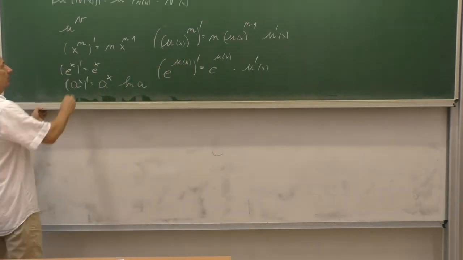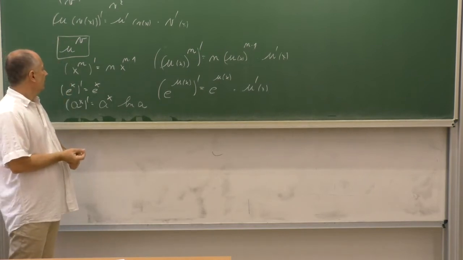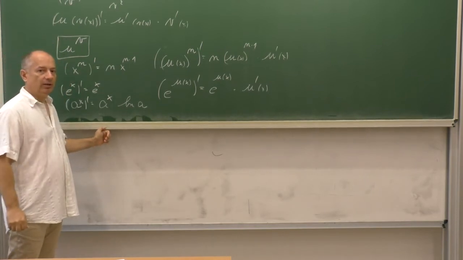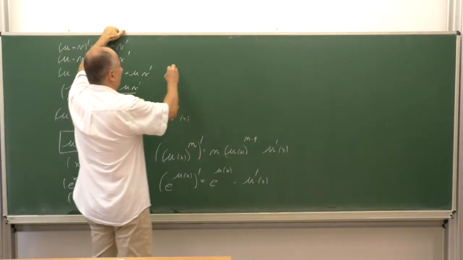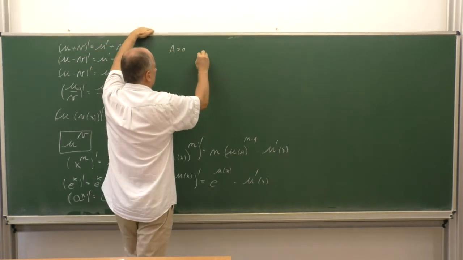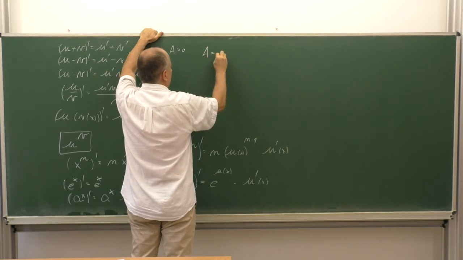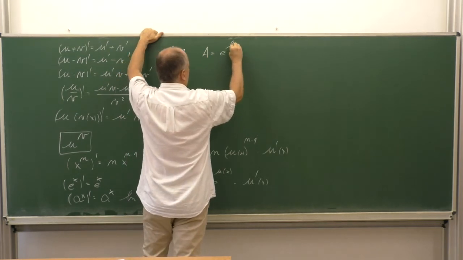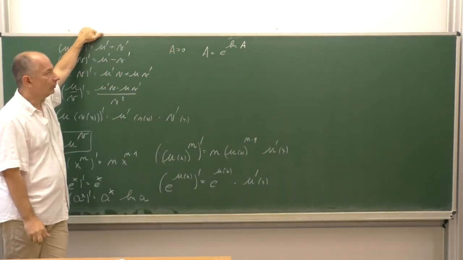But still, this remains open. How to differentiate when both the base and the exponent vary with x? There is a good formula that any positive expression can be written as e to logarithm a.